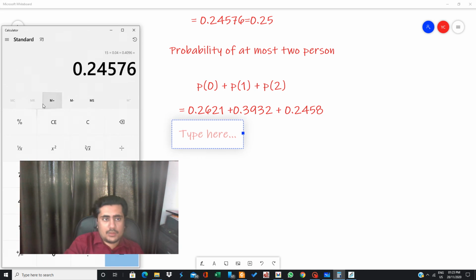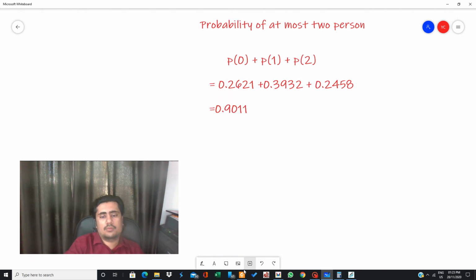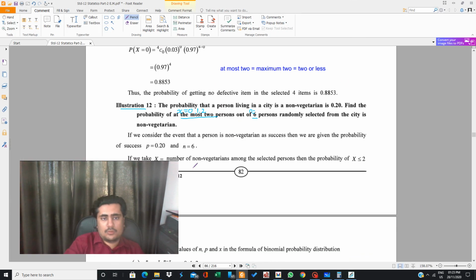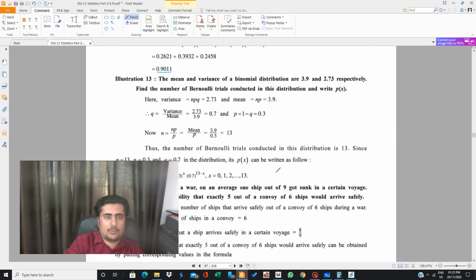If you add everything, you will get 0.901. So the answer to the question, the probability of at most 2 out of 6, is 0.901.